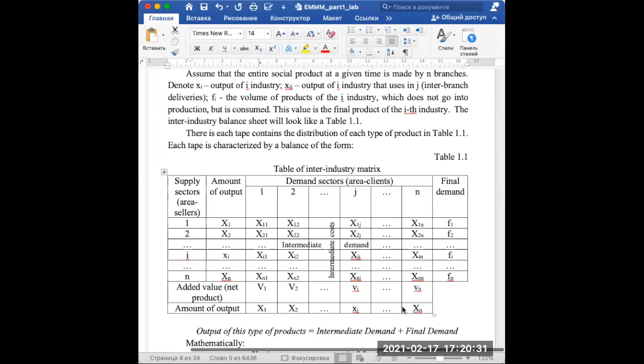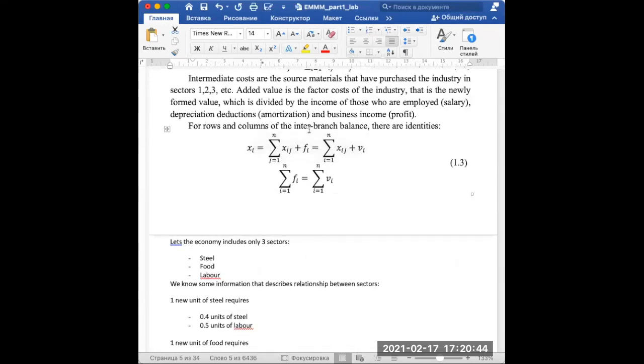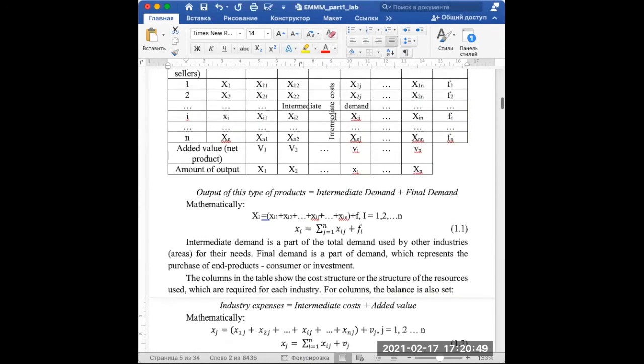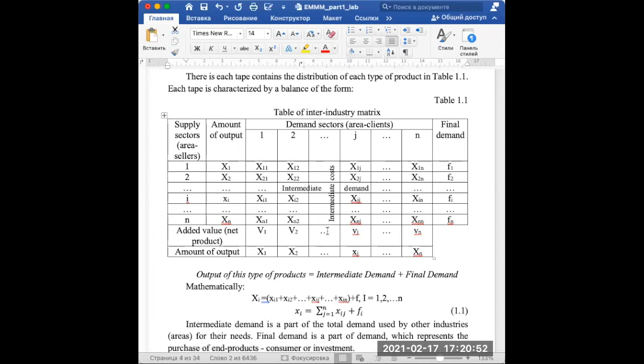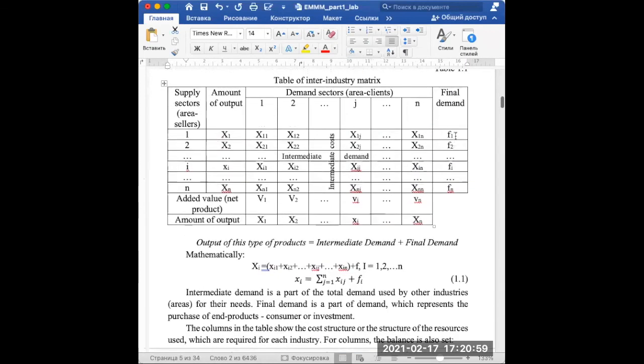We know about two points of view on how we can define the outputs of each industry, as supplier and as client. We also know what interbranch balances mean, and when we talk about the double role of each industry, we can mathematically prove that the sum of our final demand must be equal to added value, or net product.